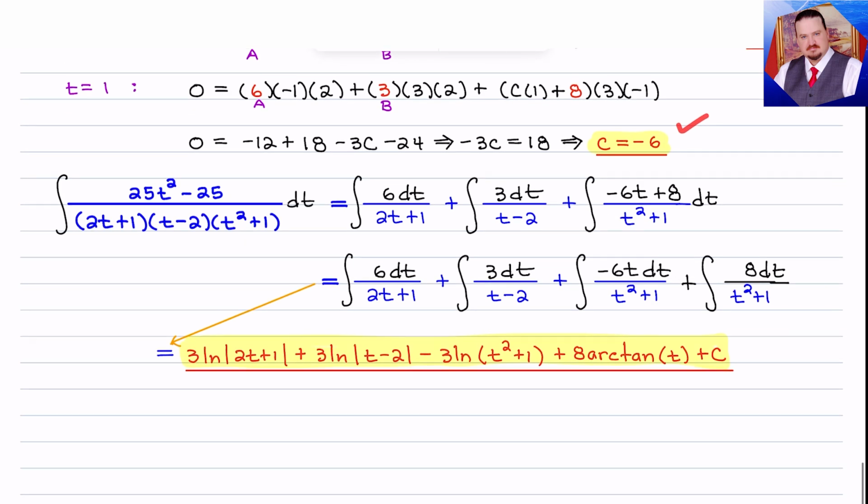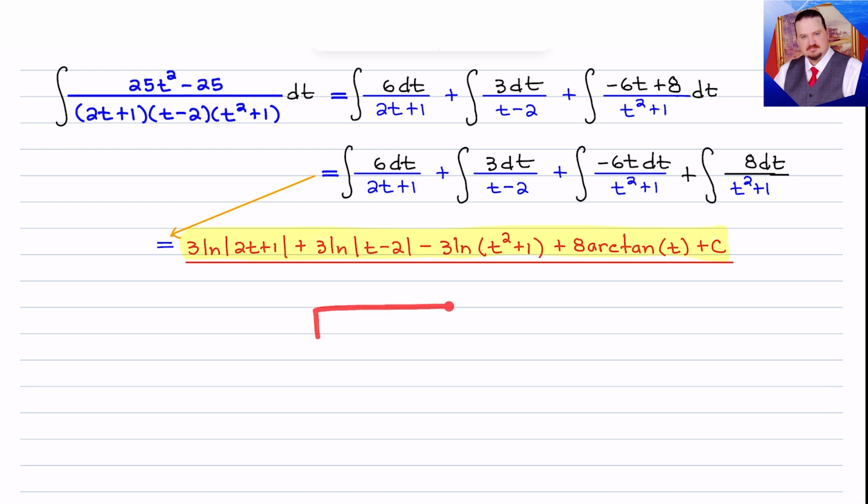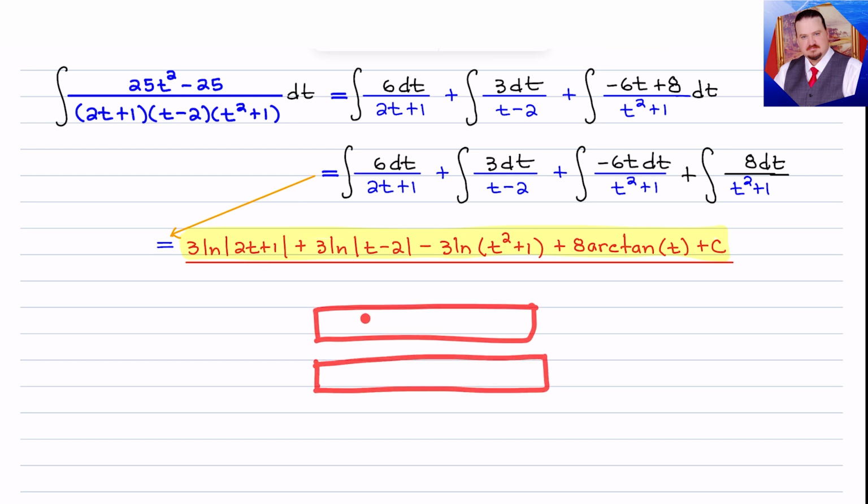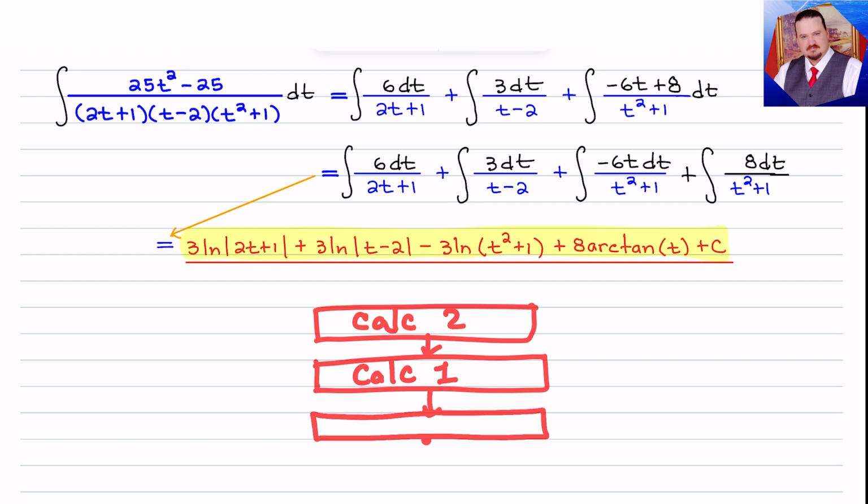If you're up at the calculus 2 level, which is here, above calculus 1, which is here. So here we have calculus 2, and that's predicated on our calculus 1 knowledge. And of course you have pre-calculus and trig, but below that is algebra.